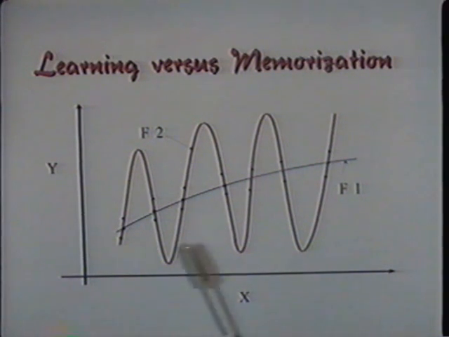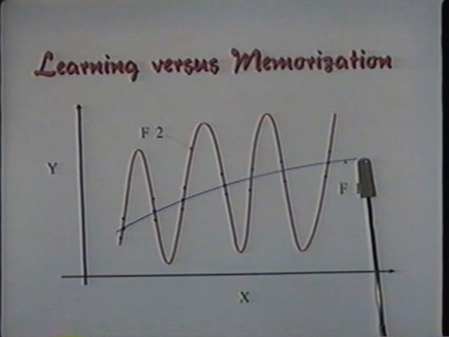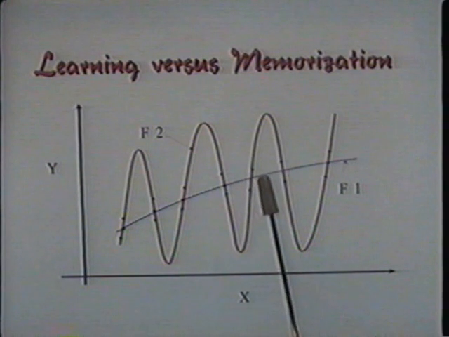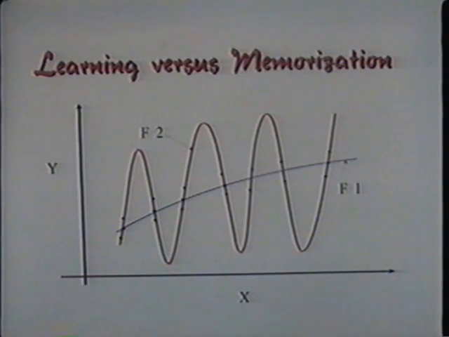But let's assume that f1 is the truth. That's the true separation between two classes. The class above it, say class A, and the class below it, say class B. So if I test a function like f2, and I have a point here, this point would be classified as B, while in the true case it is classified as A. So in a situation like this, you are going to have a very large testing error and a very low training error.